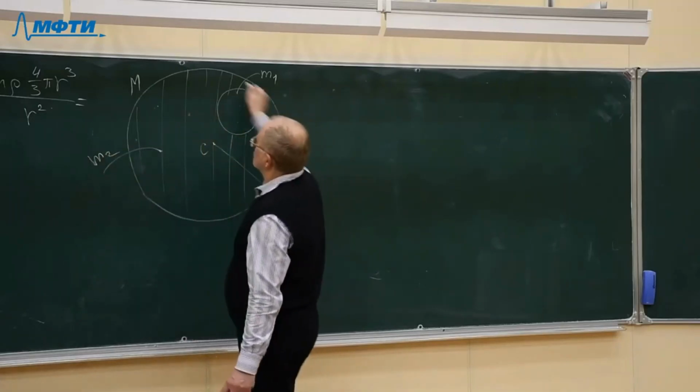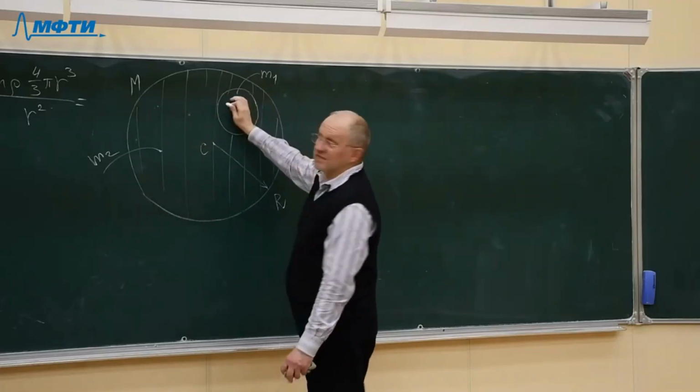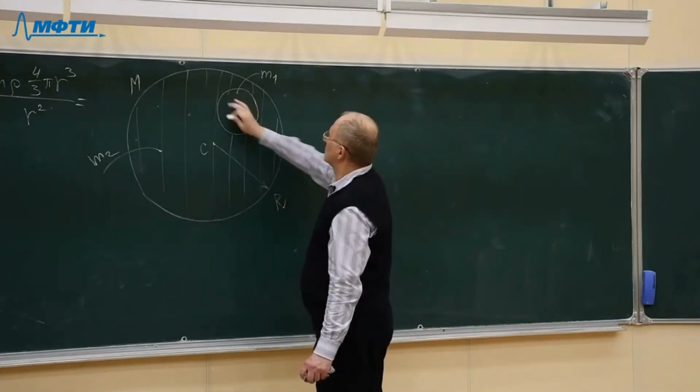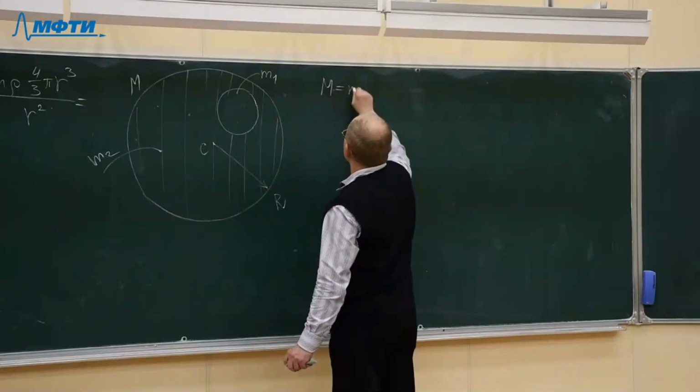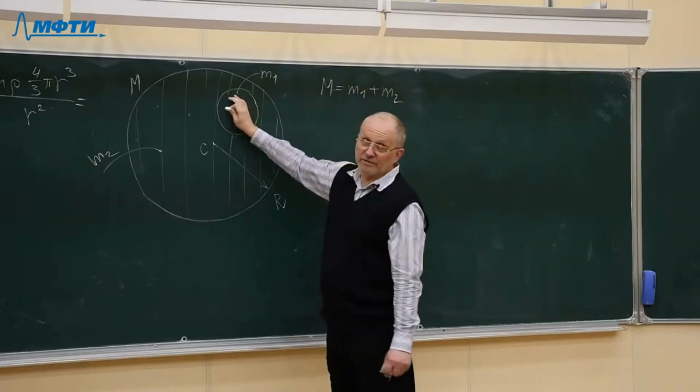So the total mass of the spherical body, if the cavity is filled with matter just like anywhere else, will be M1 plus M2, if there is no cavity here.